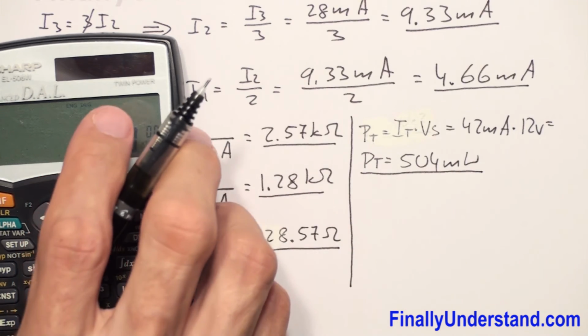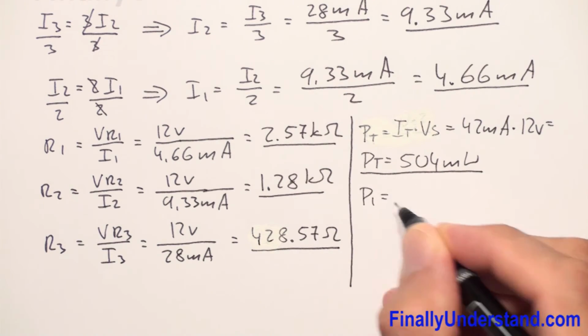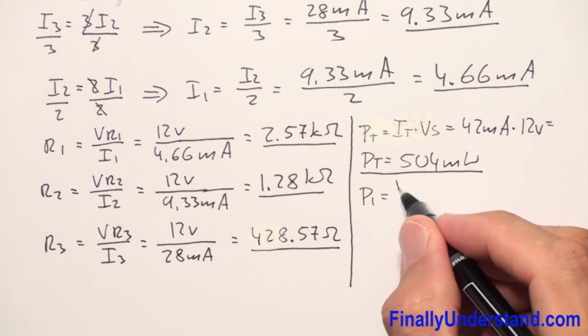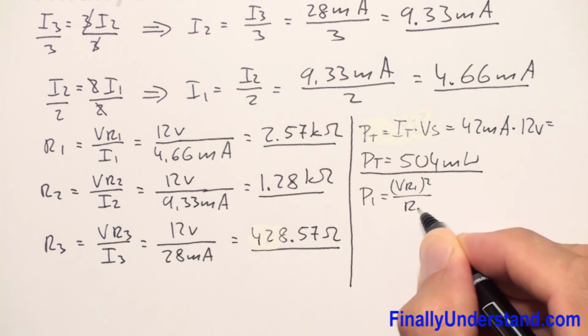Next, I'm supposed to find the power at each resistor. So P1 is equal to VR1 squared over R1.